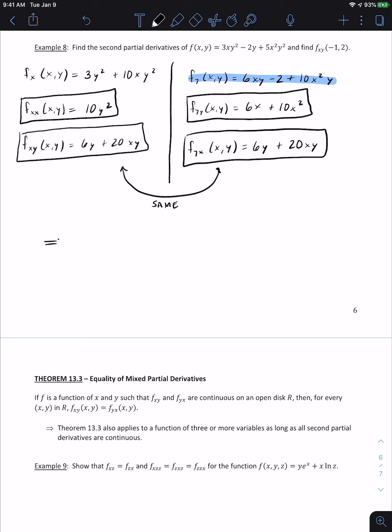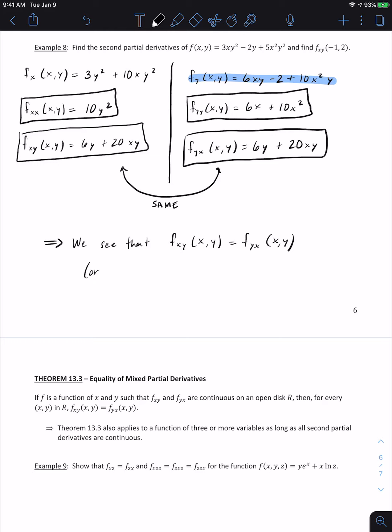What it says, and what we showed here, is that no matter which order you do it in, if you take the derivative with respect to x then y, or with respect to y first then x, you'll get the same answer. So we see that f sub xy is equal to f sub yx.